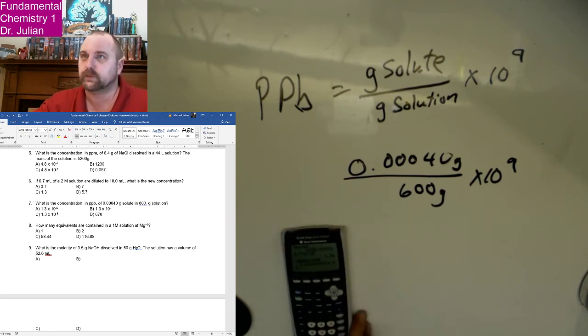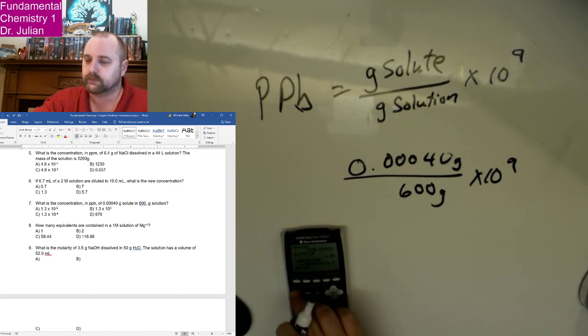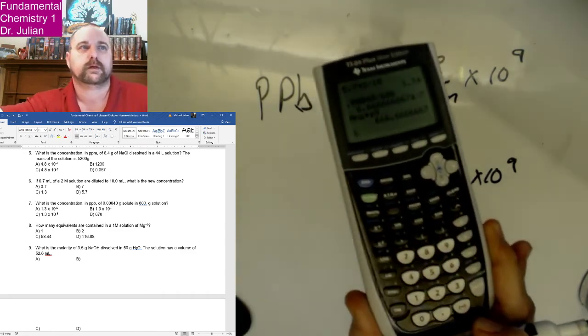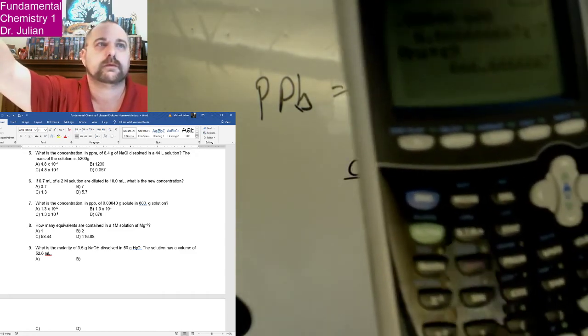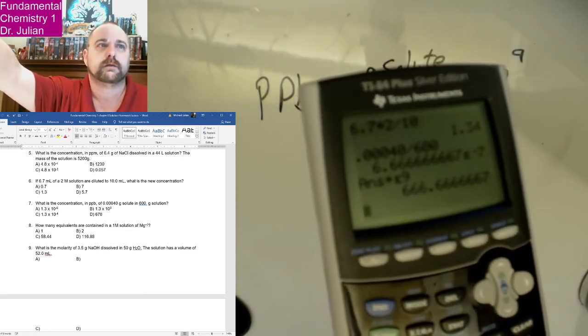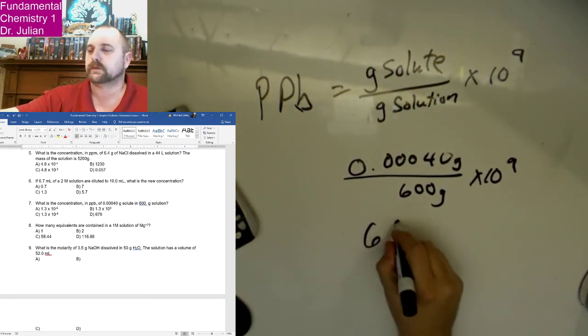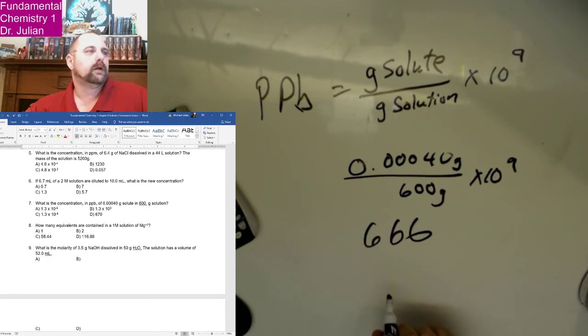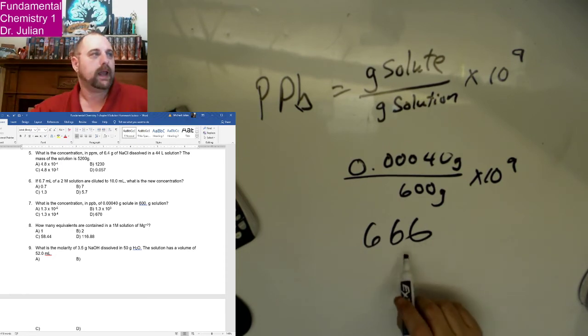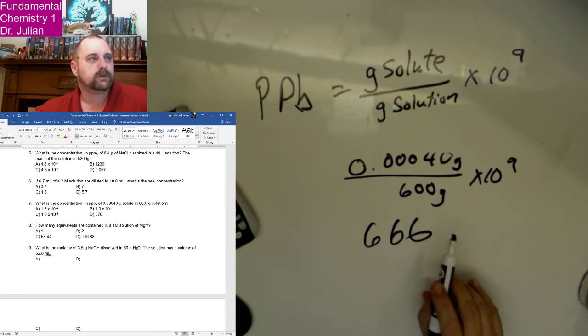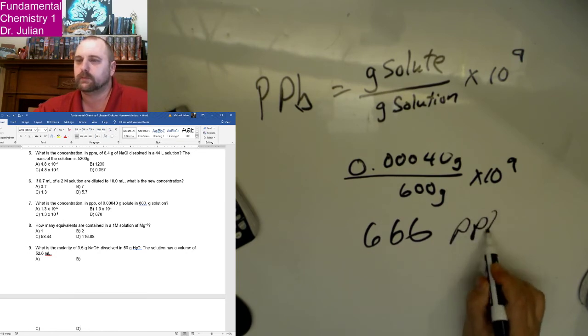You guys can't see that. It's way too small. And I'm going to put times E9 so I can show that. Type that in. There we go. Oh, look. Evil. 666. All right. Wait a minute, but it doesn't have that as an option. So this is PPB.